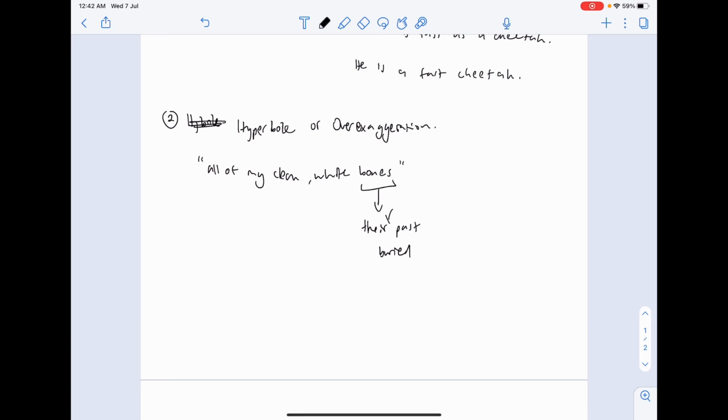And all of my clean white bones are supposed to signify that their past was so pure and their hidden past was very clean, very free of any kind of sadness or torment or trauma. But we know that bones aren't actually white. Bones aren't actually clean. So that fact makes this irony. It means their past was the exact opposite.